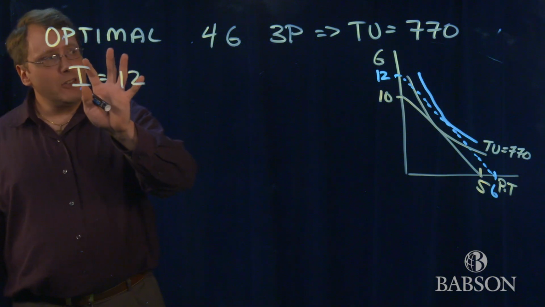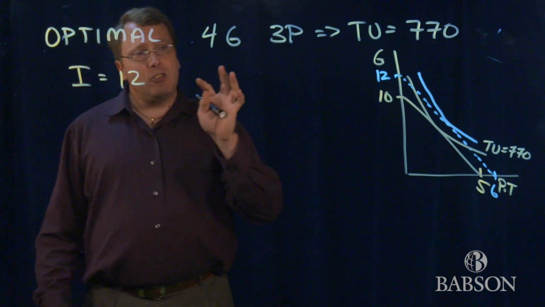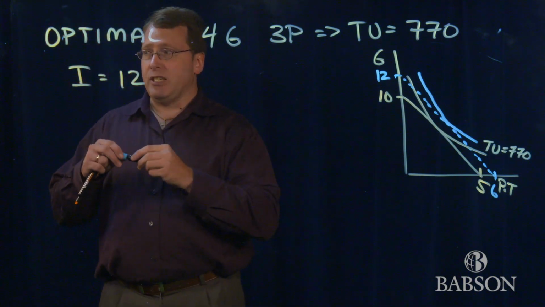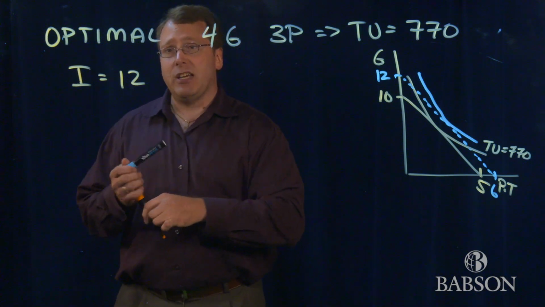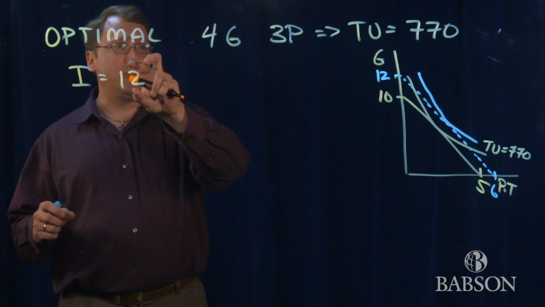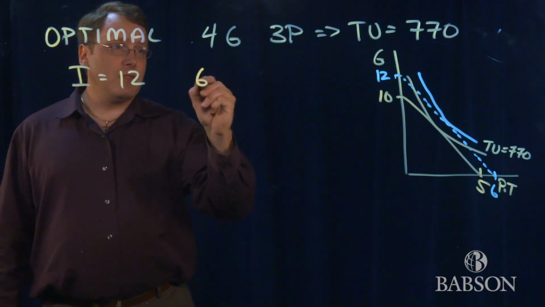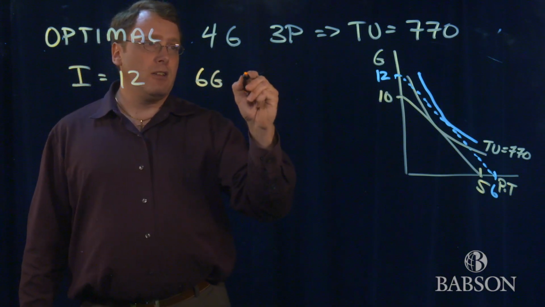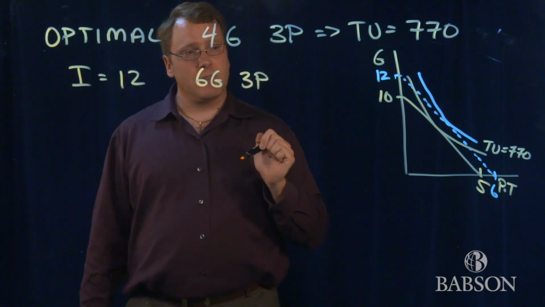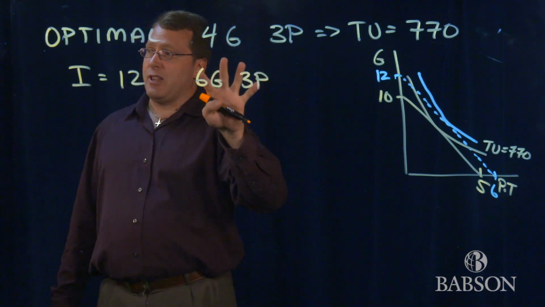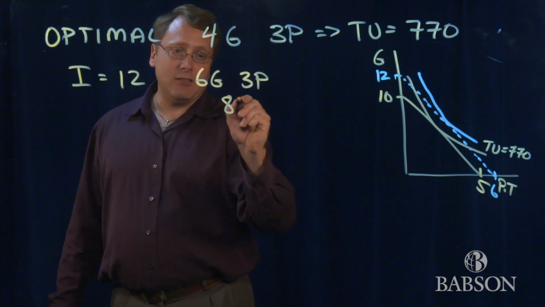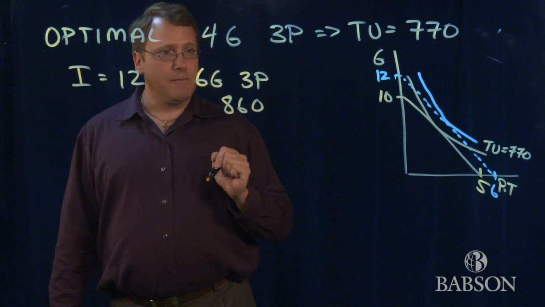And in fact, as we look at this, there's really 2 different combinations that we could see. So the first combination that we could do is take those extra $2 and spend it on granola. So we could have 6 ounces of granola and 3 Pop-Tarts. Well, what would we get for that combination? We'd get a total utility of 860.